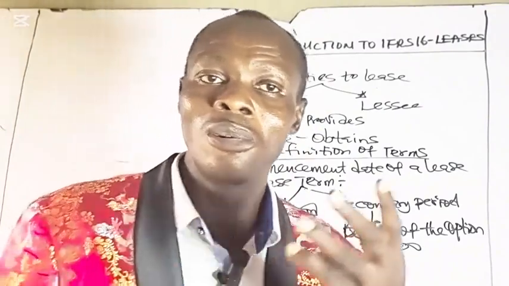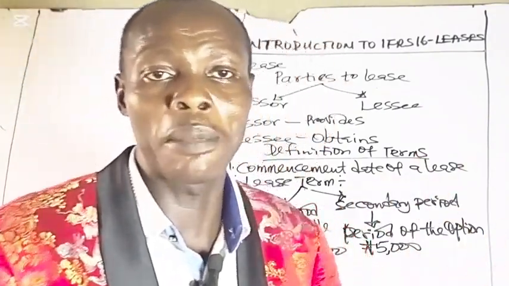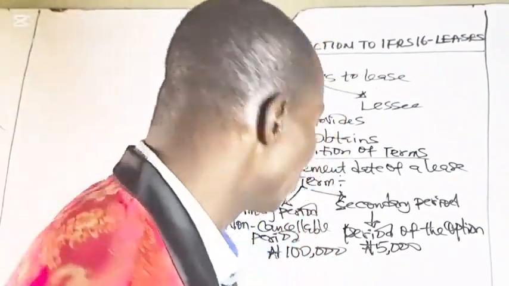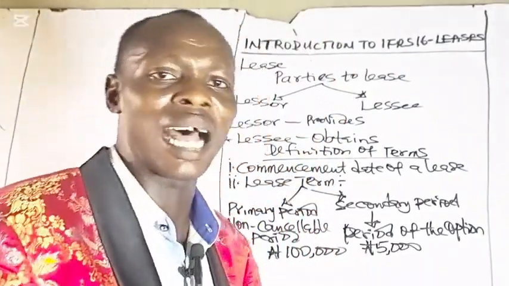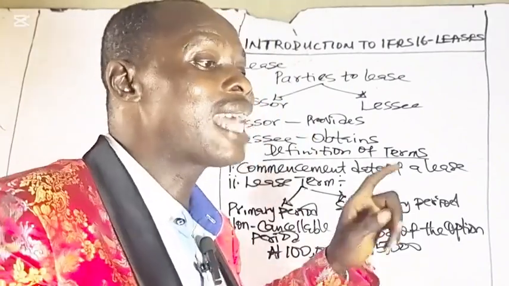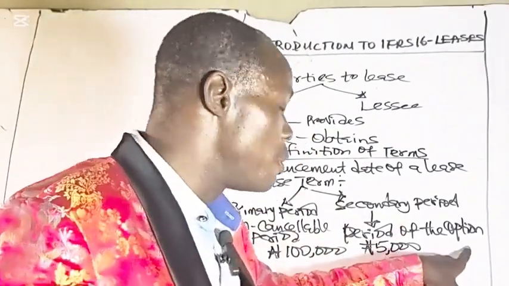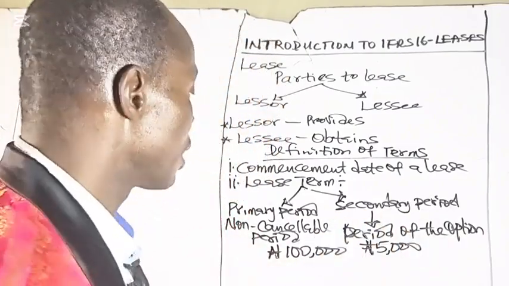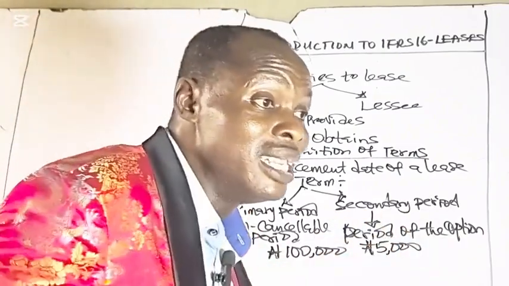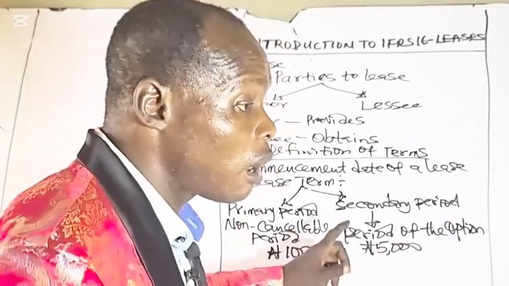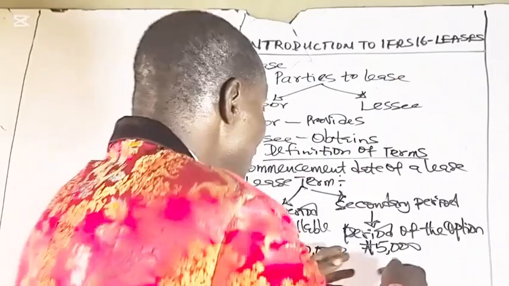Instead of looking for an apartment elsewhere and paying 300,000 or more, it will be better for you to stay. That means it is highly probable that the option will be exercised.